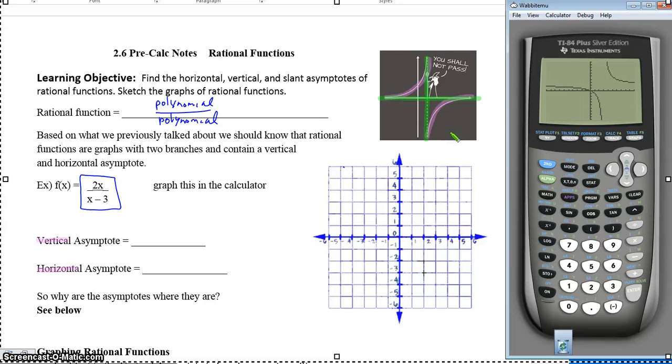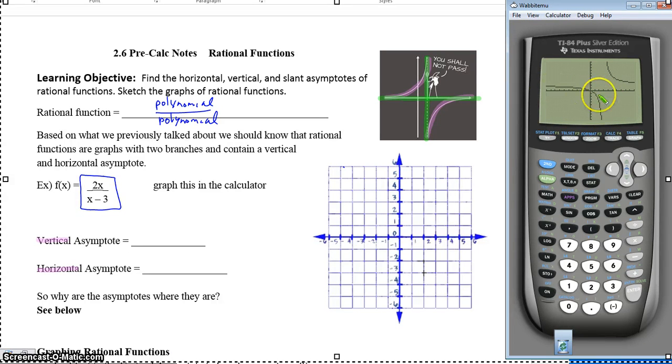And for us to be able to graph these, we need to know what those horizontal and vertical asymptotes are, so we can make our branches approach those asymptotes, but again, never touching or crossing them. So let's take a look at one first by putting it in the graphing calculator. You can see that I've already done that over here.